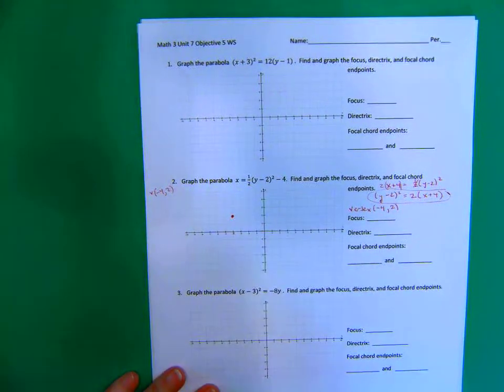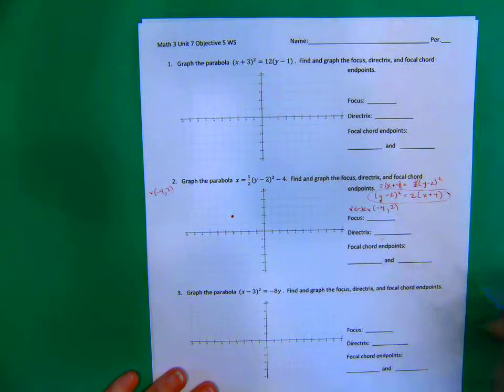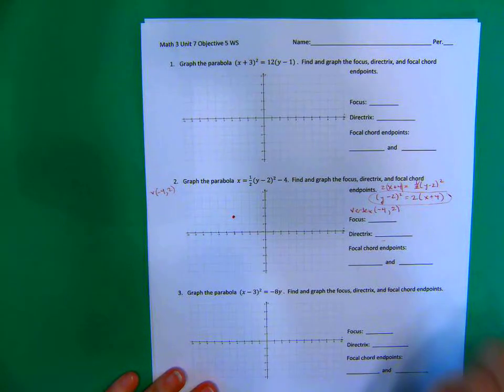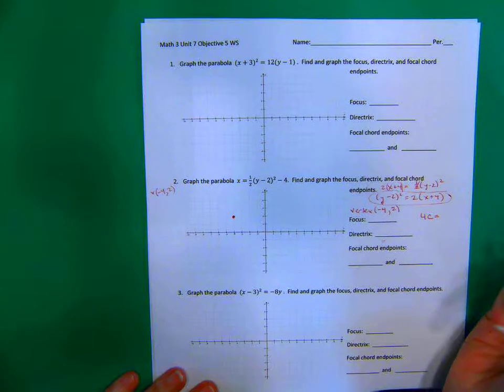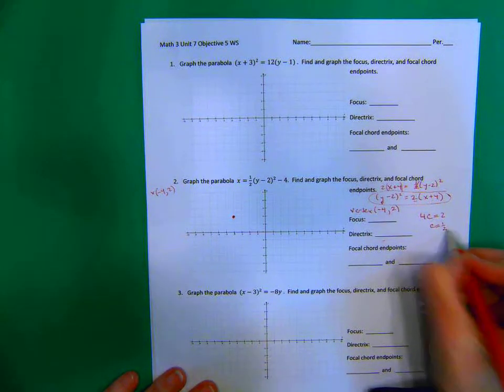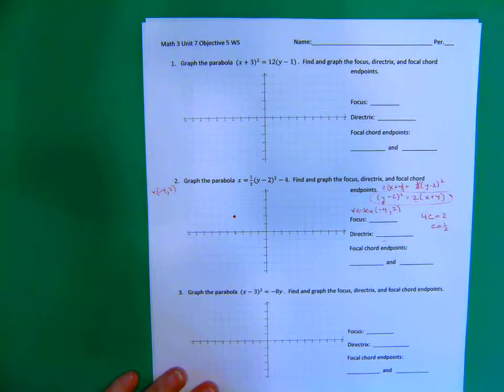And operating entirely from the graph makes finding the focus and the directrix easy. I don't need to write out formulas for the focus and the directrix like you see sometimes in old Algebra 2 books. I can just actually use that. I know that 4c is the width of the parabola, and that's this 2, which makes c 1/2. And so from this vertex, I am going to think about if I'm going to go up and down or sideways.